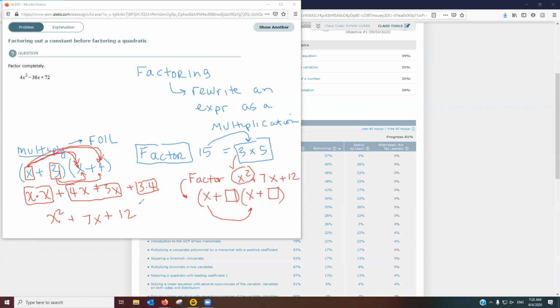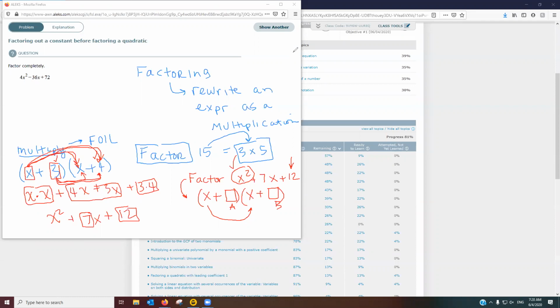Well, I know that when I take that 3 times the 4, it got me this 12. So what that means is the number in box A, I'll call this box A, I'll call this box B. The number in box A times the number in box B has to get me this number 12. But notice these two numbers, 4 and 3, added to get me this middle term of 7.